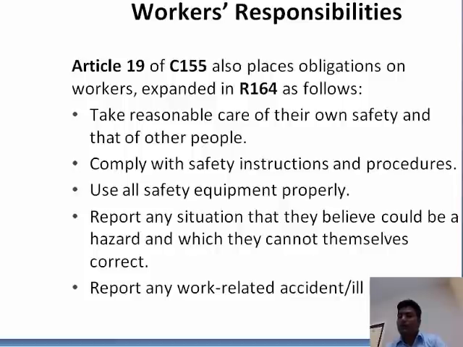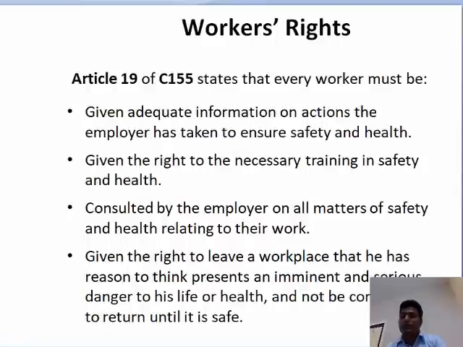And the last one is to report any work-related accident and ill health. If they find any accident or ill health at their workplace, they have to report to the employer or line manager or supervisor. So these are the 5 responsibilities of the worker according to Article 9 of Convention 155 and Recommendation 164.